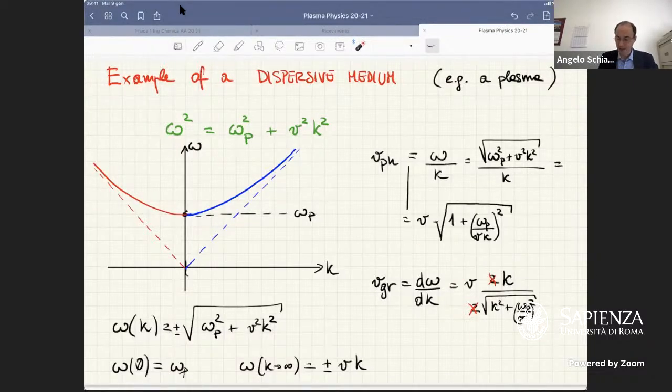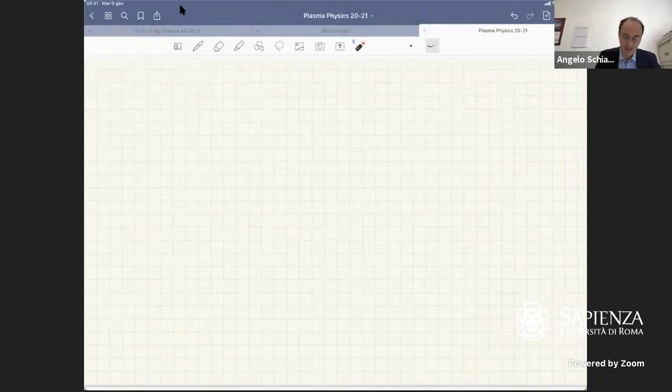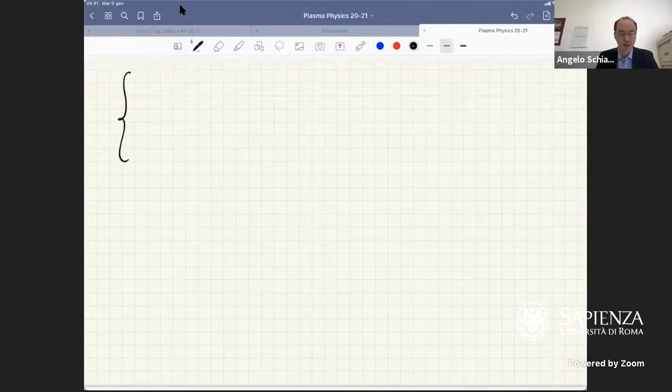Let's see what these two functions lead to: the two asymptotic values. For k much larger than 1, so for k going to infinity, which corresponds to a very short wavelength, remember that when the wave number goes to infinity, the wavelength goes to 0.